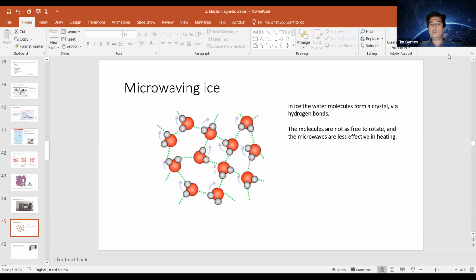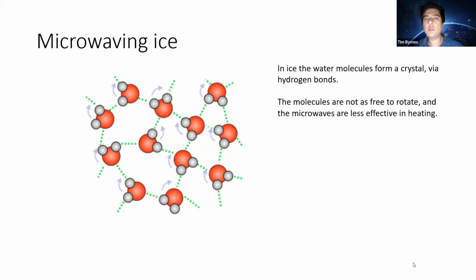So a slightly similar kind of idea, not exactly the same, goes for microwaving ice. Okay, so just water ice, so not dry ice, but regular ice. Microwaving regular ice is also not very efficient. It's a lot better than the dry ice case, but it's still not really great.